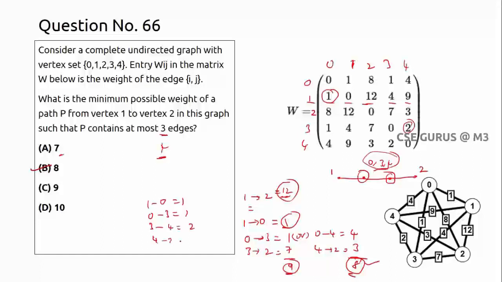Now I'll go for 4 to 2. What is 4 to 2? 3. So this is 7. This is a minimum, but here you can see I am getting 4 edges, while the question is given as 3 edges. So that's why our answer is 8. Option B is the correct answer.